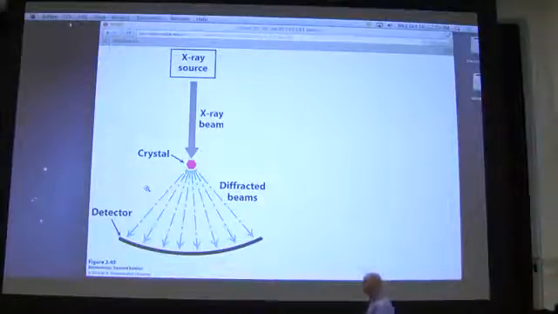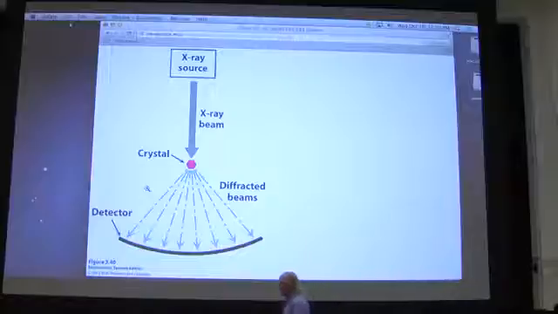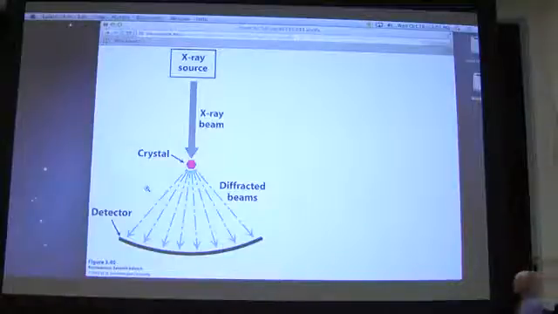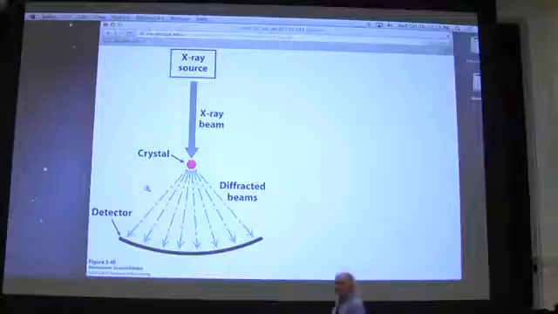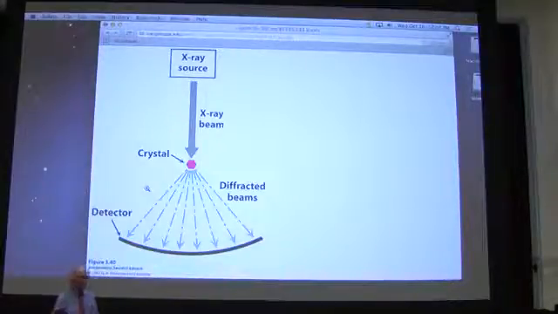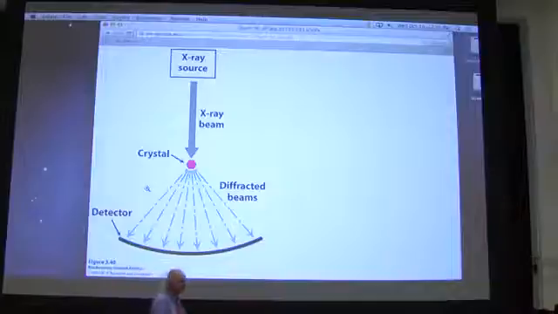All right, if you take that perfectly aligned crystal and you shoot X-rays through it, what you discover is that the X-rays don't just pass right straight through it. In fact, what happens is they get what we call diffracted, meaning they get bent. And the bending happens as a result of the interaction of the X-ray with the electron clouds of the atoms within that crystal.